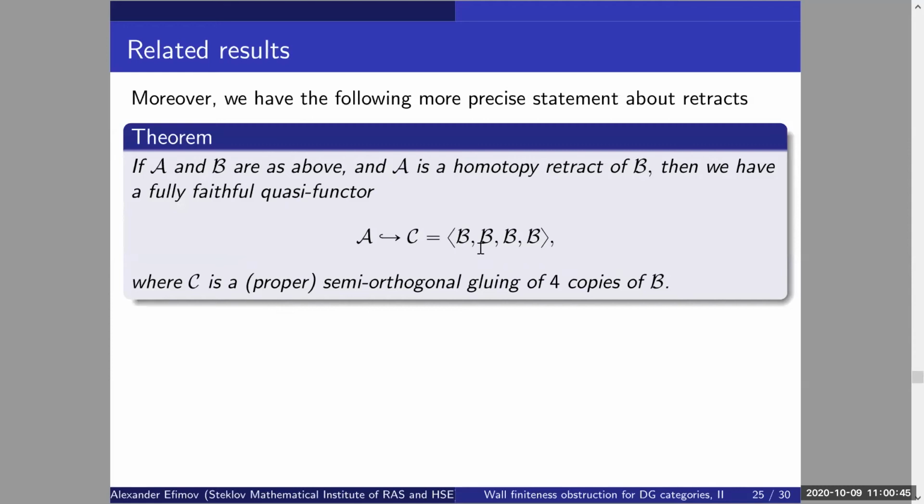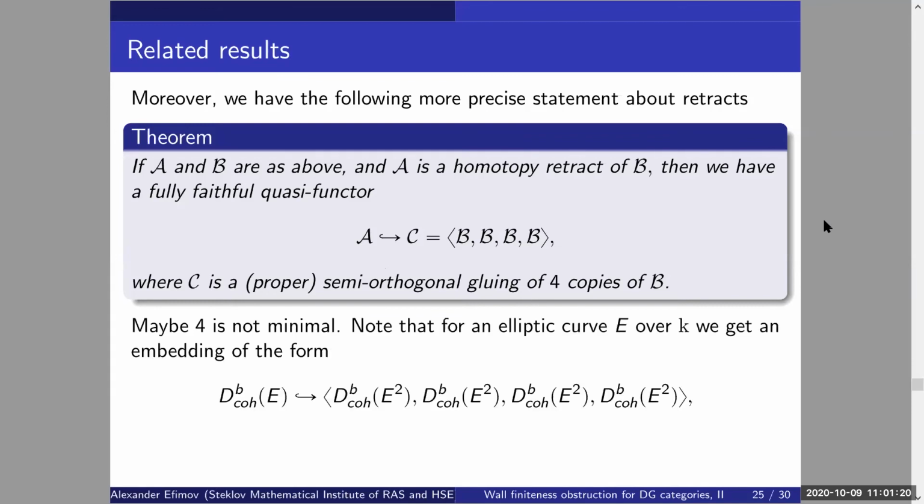This is done by the arguments which I already explained. Two of these copies are needed to compactify A tensor Laurent polynomials, A cross Gm. And then we need to glue these 2 copies with the same 2 copies just to kill x minus 1, where x is a coordinate on Gm. Maybe 4 here is not minimal. I just did not try to minimize it. Maybe 3 is enough.